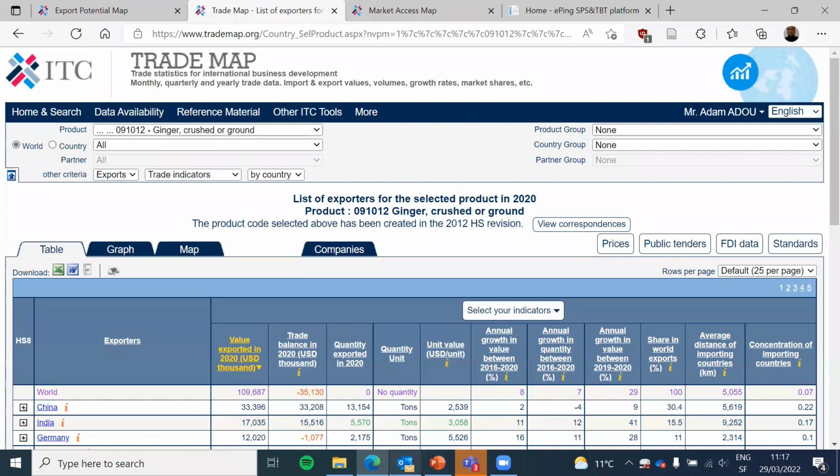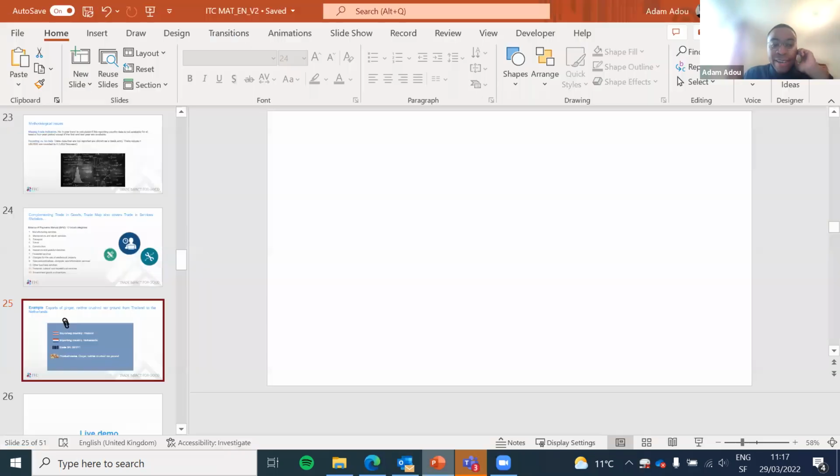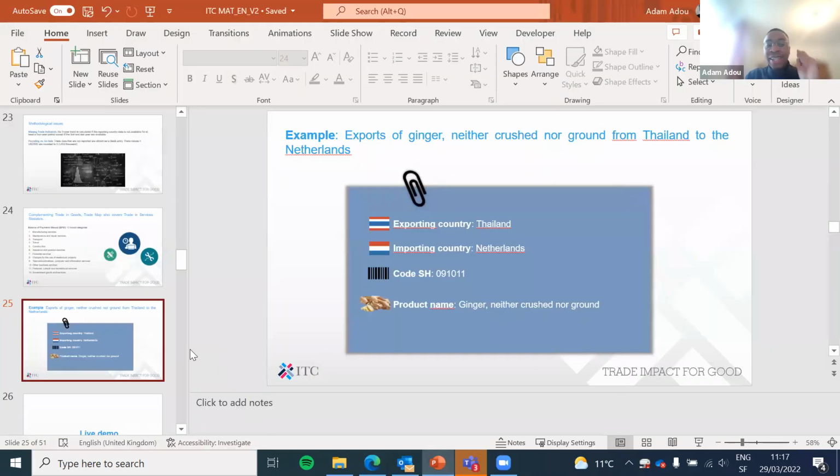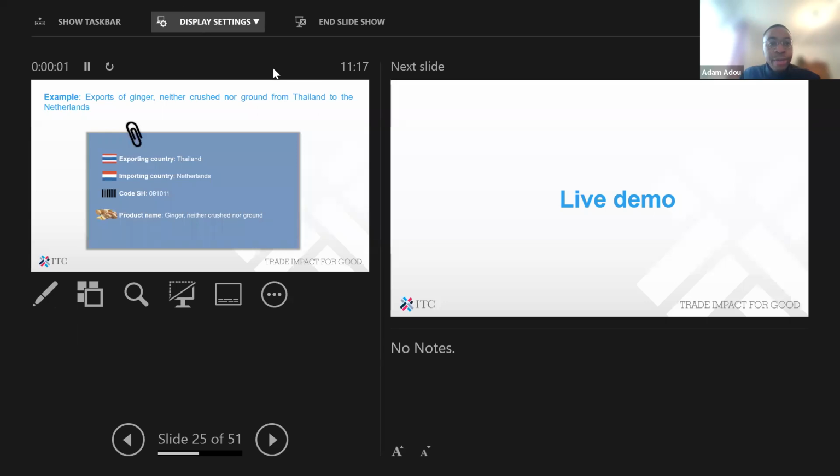Okay. All right. So now let's take a look at the market access map. Just finish quickly with Trade Map.